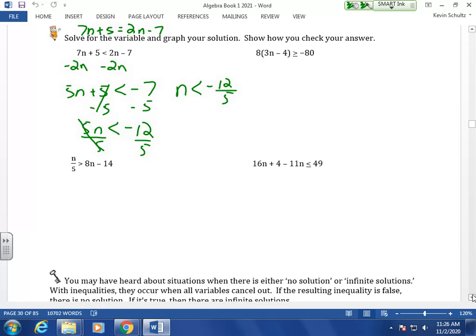Okay. To graph this, we've got negative 12 fifths, open circle, going to the left. Okay. When it comes to checking, you do need to check it. And who remembers from last week what my favorite number to plug in is? 0.